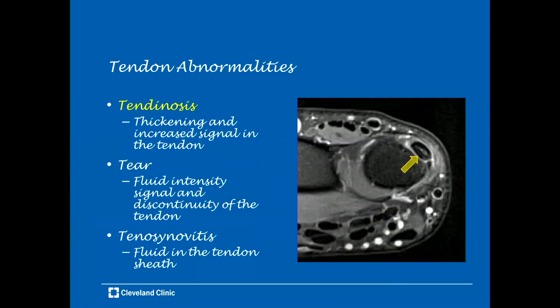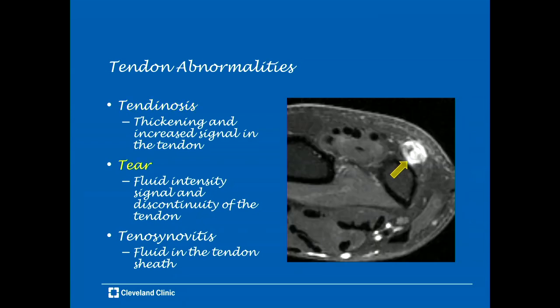Tendon abnormalities essentially consist of tendinosis, which on MRI appears as a thickened tendon that's increased in signal, as shown here in the extensor carpi ulnaris within the 6th extensor compartment of the wrist. It can result in a tendon tear, here again in the extensor carpi ulnaris, where now there's fluid intensity and discontinuity of the tendon.